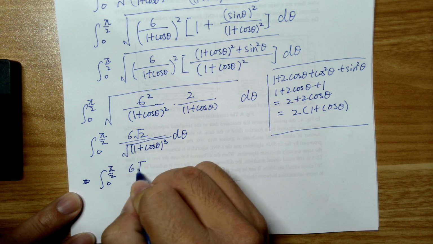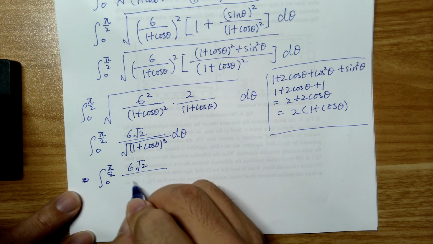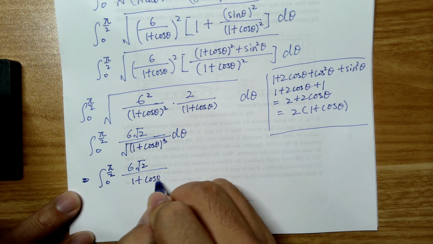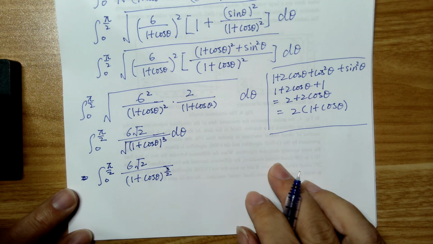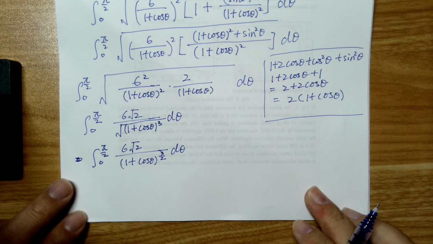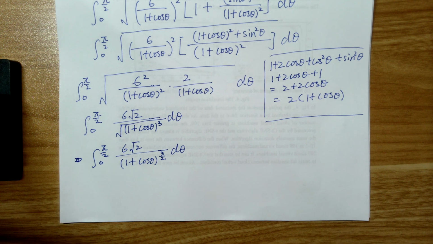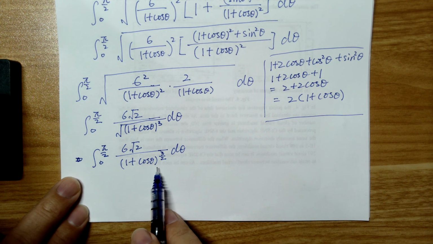And then we can do a little bit more, which is 6 square root of 2 over 1 plus cosine theta to the power of 3/2. Okay, if we rewrite it into an exponent form. So now, up to this stage, things are pretty good. And the next part is, you see this part is 1 plus cosine theta, right?